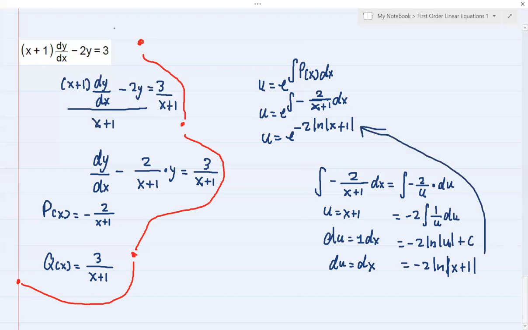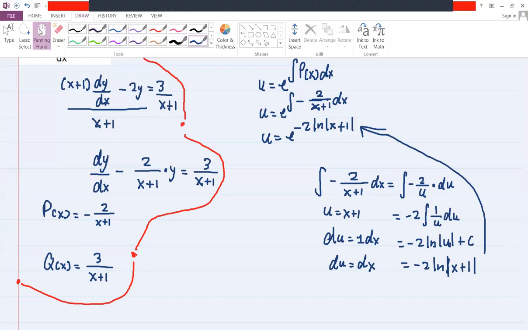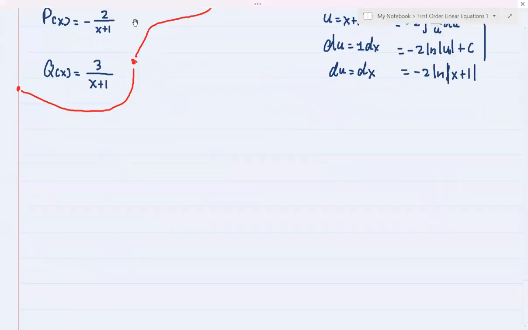Okay? So now that we've already found your u, let's find the general solution, which is u times y is equal to the integral of your u times q of x.